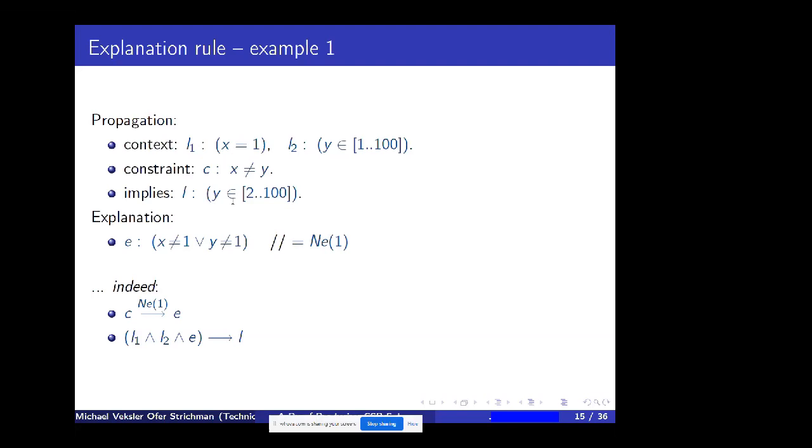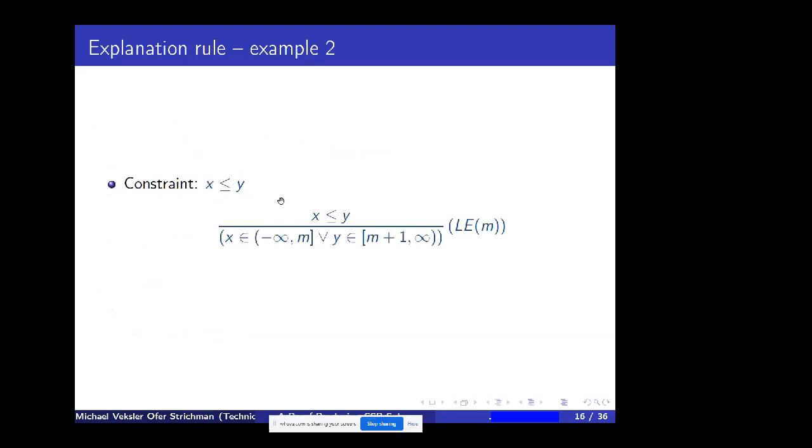Okay, and the answer is yes, because x equal to 1 removes this part here, and then you're left with y is different than 1, and y is between 1 and 100, which clearly implies that y is between 2 and 100. Okay? So basically, this explanation clause E, in a sense, represents the original constraint for the purpose of implying L. Okay? So this is the explanation clause.